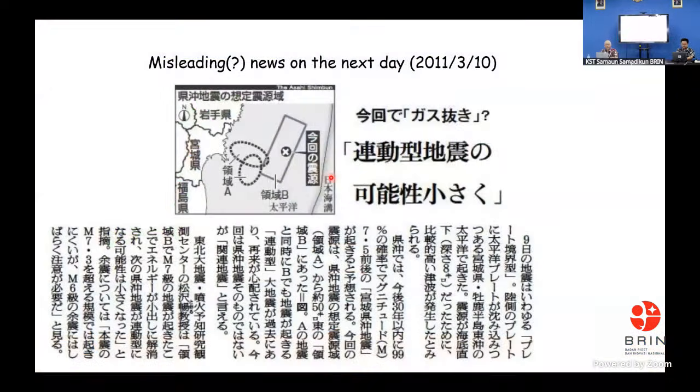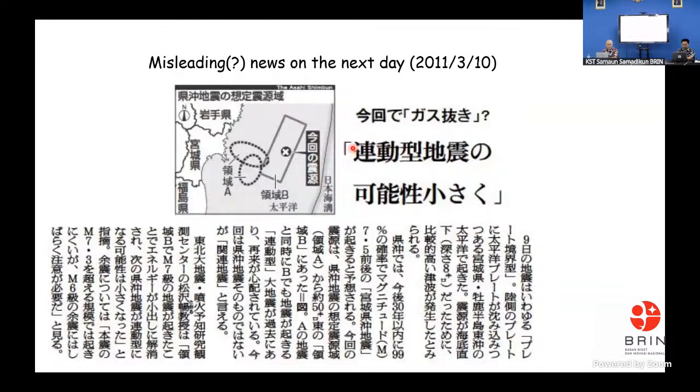And that is an earthquake that occurred, and this is a newspaper. No, it's 2 days before the magnitude 9 earthquake.